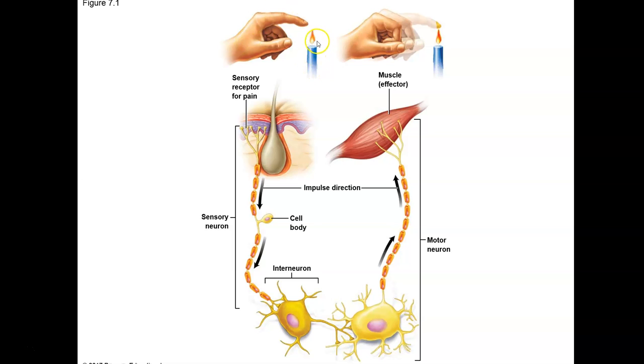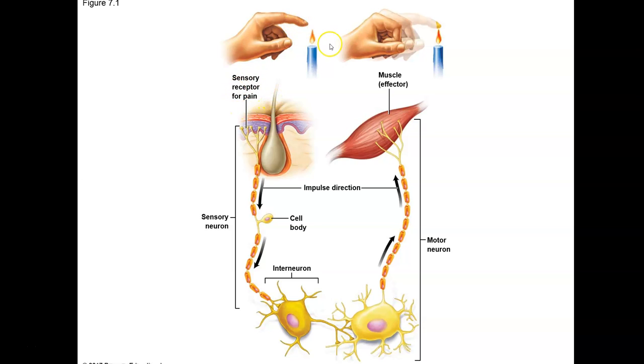Here is a candle and here is a flame. This person is putting the hand too close to the flame. So what happens? Here in the finger, in the skin, we have the sensory receptors.